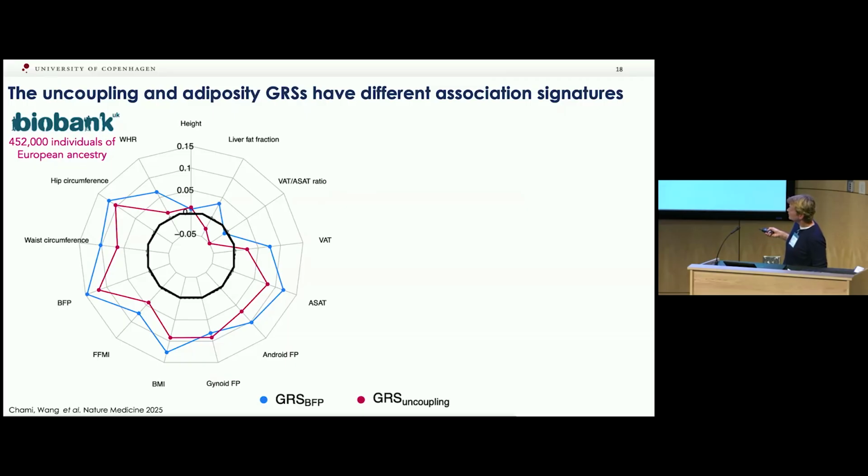But if you have a healthy score, you actually have a favorable fat distribution. And you see the same for waist-to-hip ratio, where the unhealthy score is associated with a higher waist-hip ratio, whereas the healthy score does not have much of an effect on fat distribution.